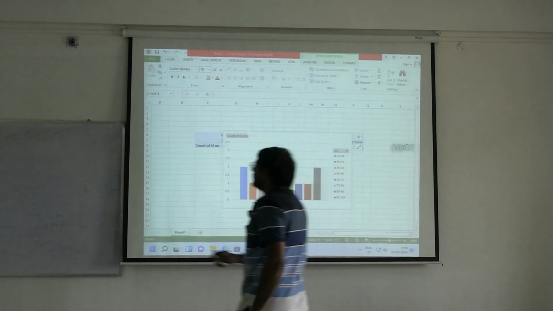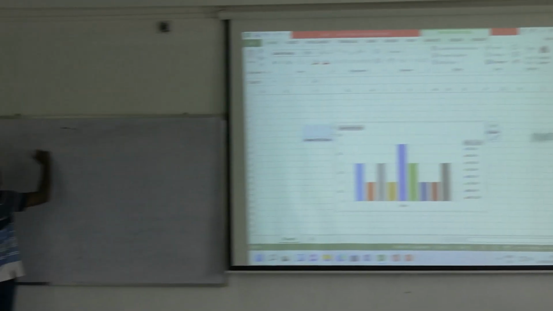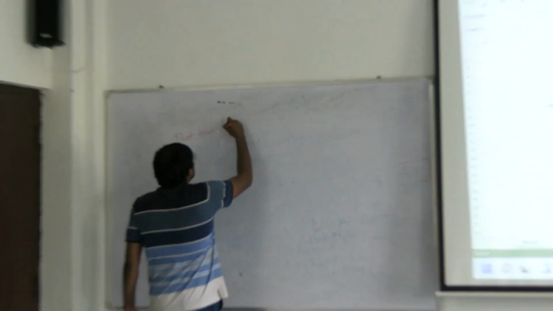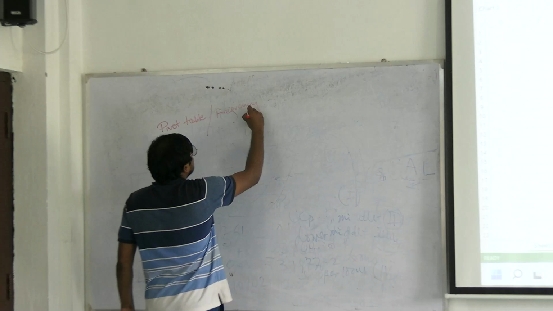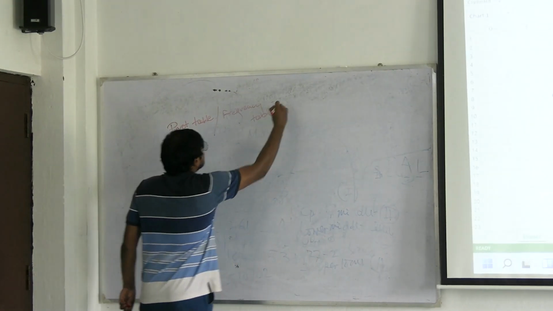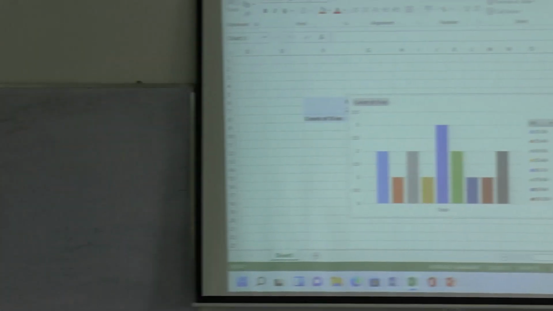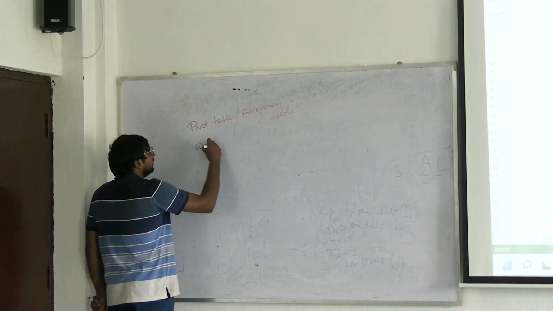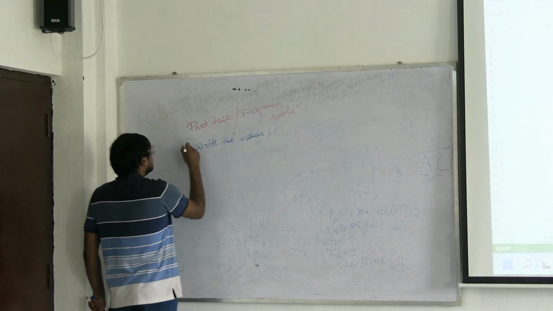I'll write down the steps once again for pivot table. Copy it down. Pivot table, bivariate frequency table. Write the values. First step.